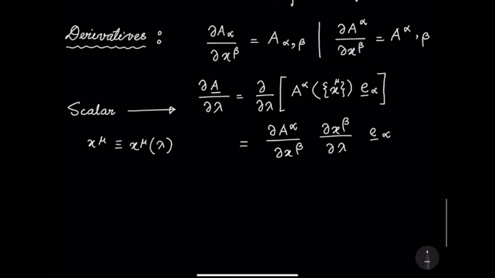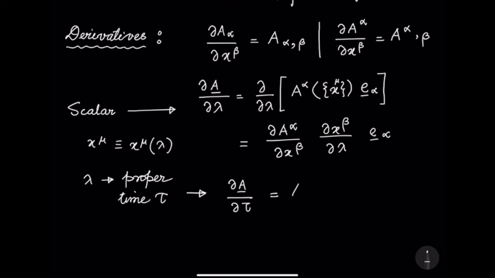And if lambda is the proper time tau, then del A del tau becomes the familiar A alpha comma beta.